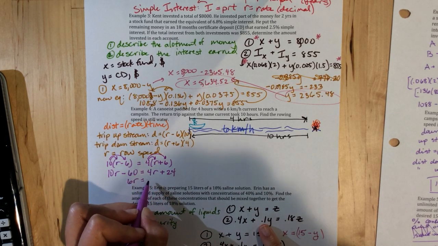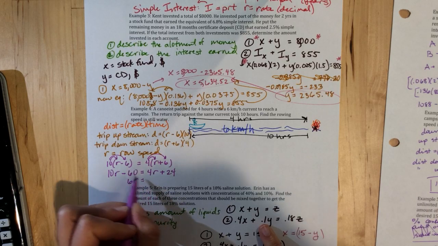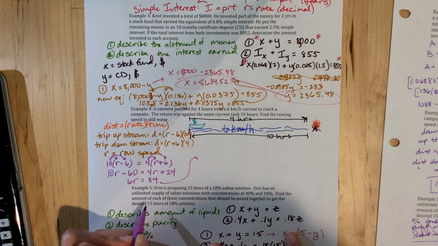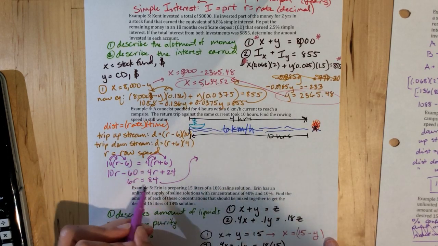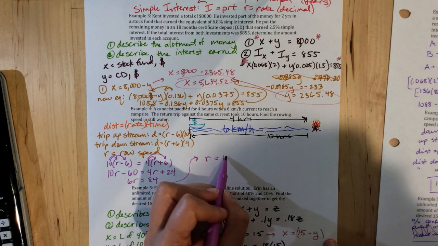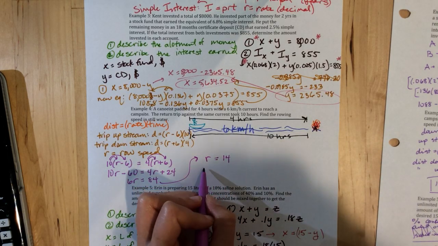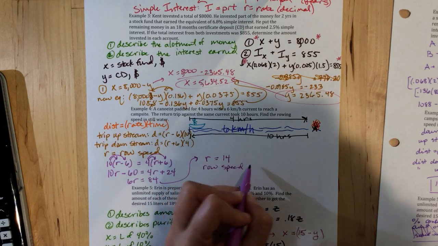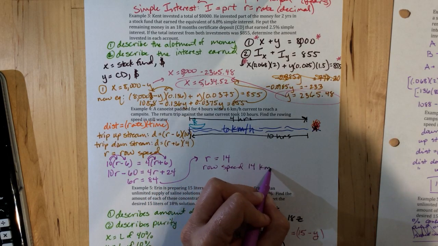So 6r is equal to 84. And then the last step is dividing by 6. So r is equal to 14. So our rowing speed is 14 kilometers per hour.